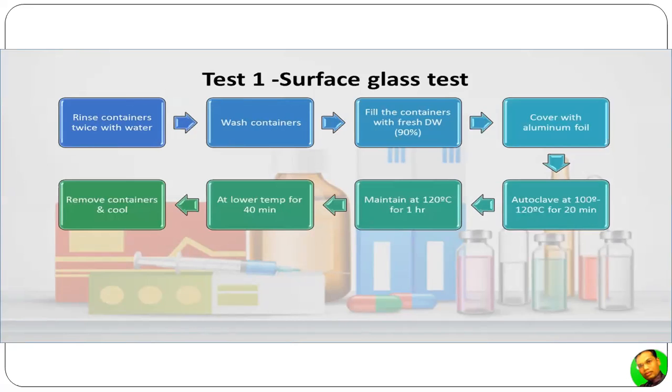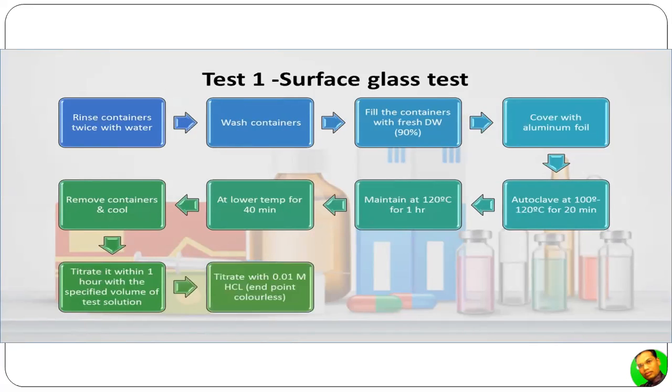Then we need to remove the container and cool it. We need to titrate it within 1 hour with the specified volume of test solution, using 0.01 molar hydrochloric acid until the end point, which is colorless.